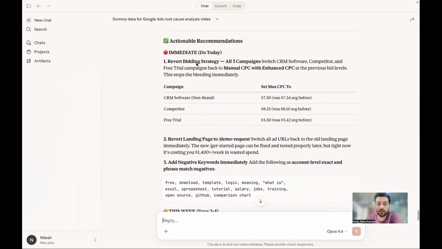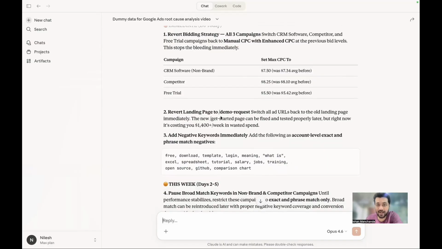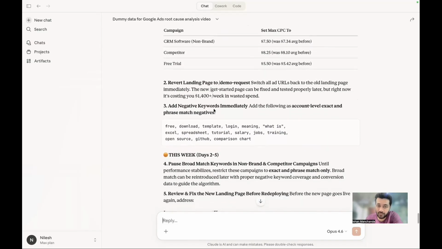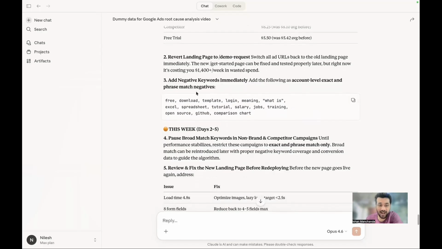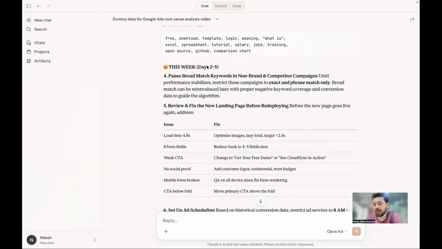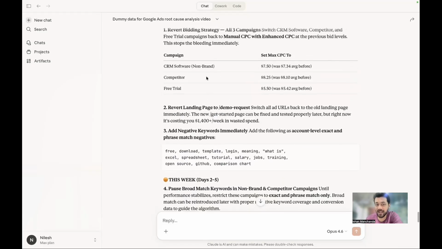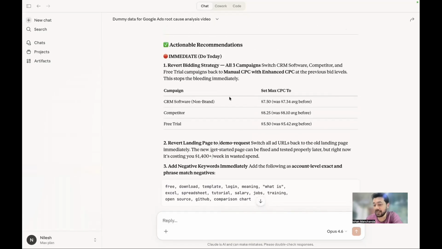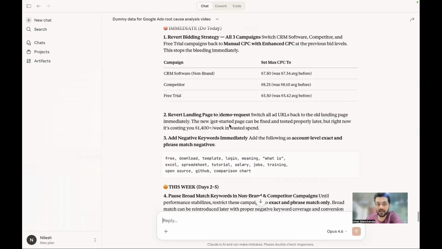So reverting the bidding strategy, reverting the landing page. Negative keywords have to be added immediately. These are the keywords you can copy and just add them. You need to pause all the broad match keywords, and it has also added a timeline to it, right? So the first 2 days, highly important tasks to be done exactly as soon as you see this, just start making these fixes.